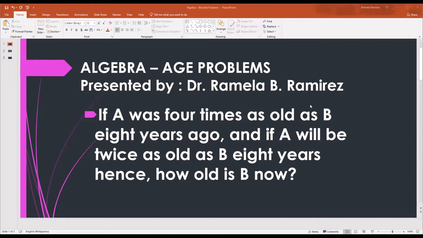Since this is an age problem, the best thing to do is to identify the different phrases which would represent the past, the present, and the future.